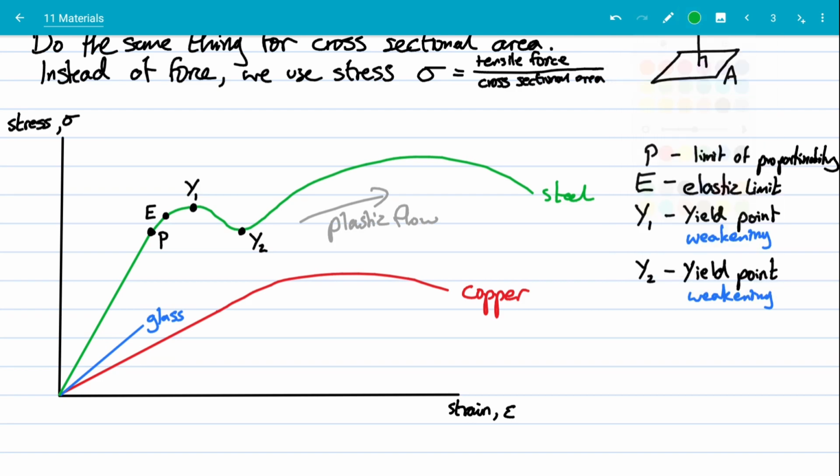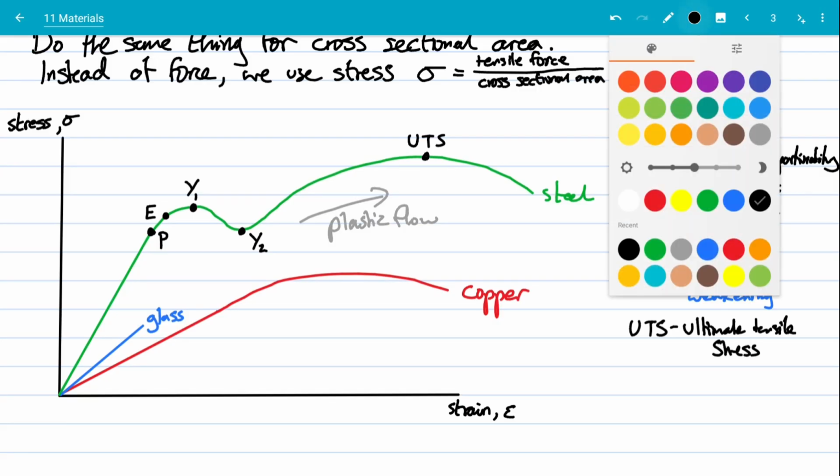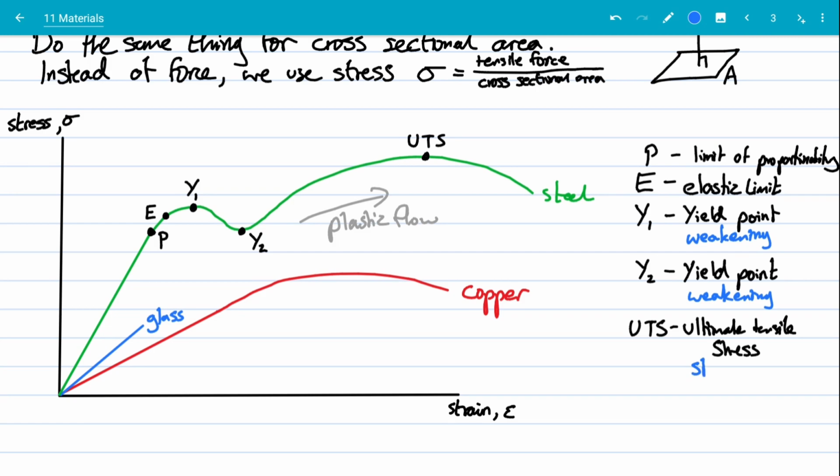Now we have a point up here at the very top, which I'm going to label UTS. The UTS is the ultimate tensile stress, also known as the strength.